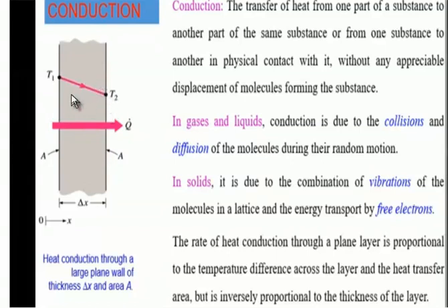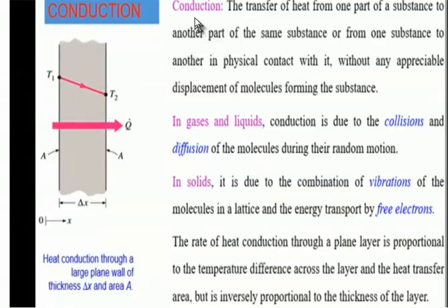If you consider another substance which comes in contact with this substance, and the temperature of this substance is higher than the other, then the heat is transferred from this substance to the other substance which is in contact with it.